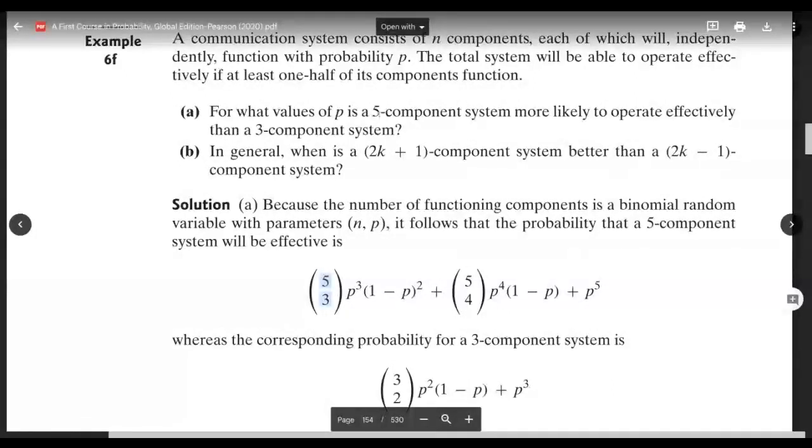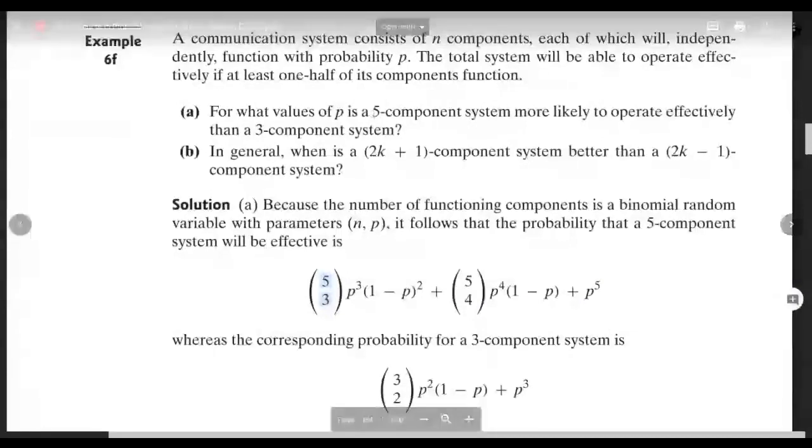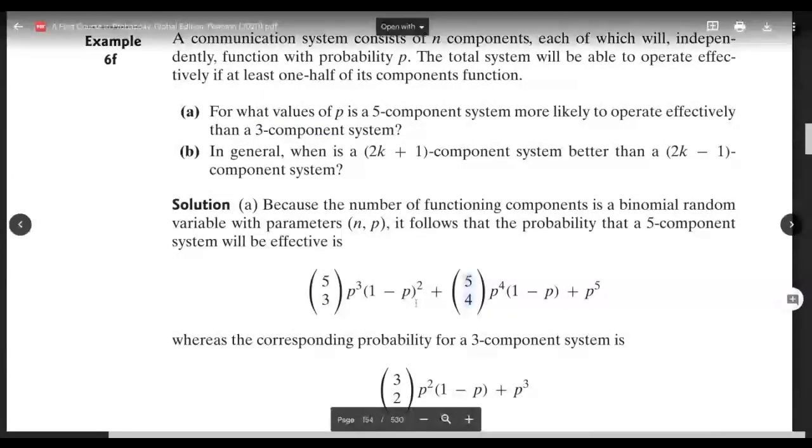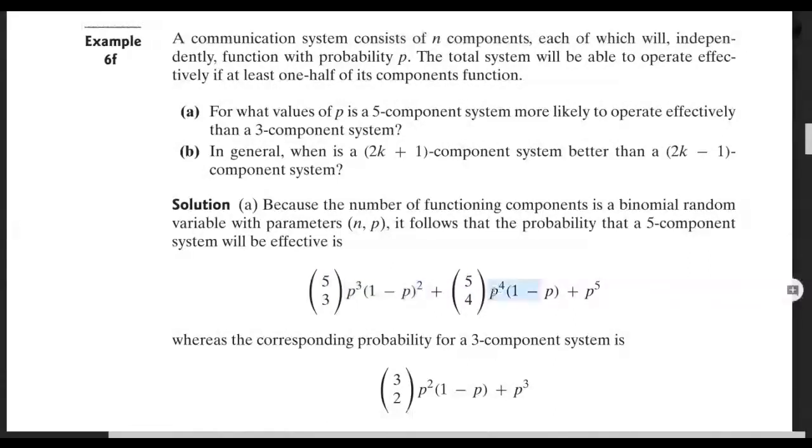Because A is asking when a 5-component system is more likely to operate effectively than a 3-component system. So 5 choose 3 and 5 choose 4, binomial. Then 5 choose 5, just 1, and 1 minus p raised to 0, so just p to the 5.